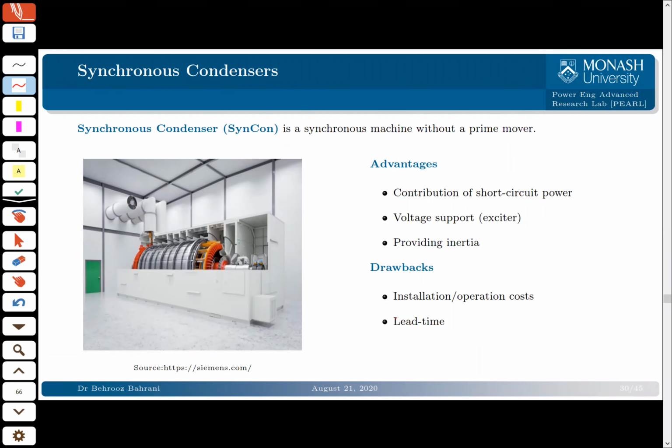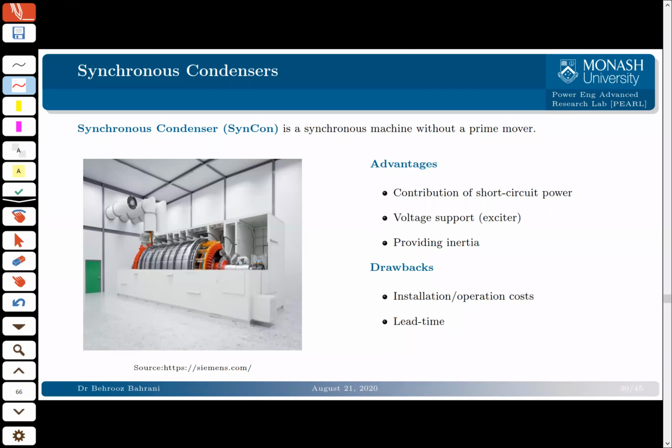It can give you voltage support because it does still have its exciter, and it can also provide inertia. And you would ask, okay, you don't have a prime mover, but how can you provide inertia? Well, you can add a flywheel to that, and that's how people do it. They add a flywheel to this synchronous machine without any prime mover so that you would have some inertia, depending on how much inertia you would need.